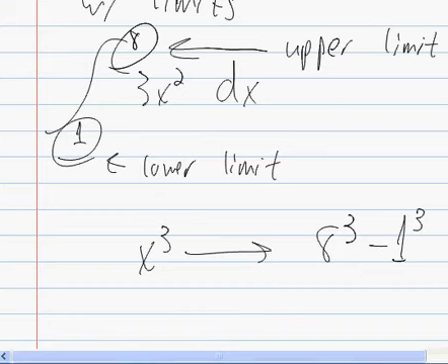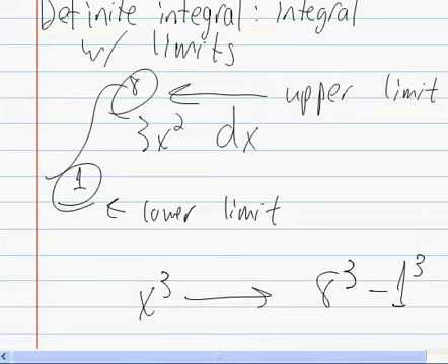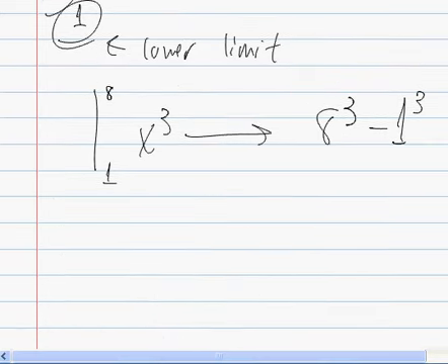Sometimes you'll also see this written with a little line that indicates the limits, 1 and 8. So 8 times 8 is 64, 64 times 8 is 512. So it'd be 512 minus 1, 511.